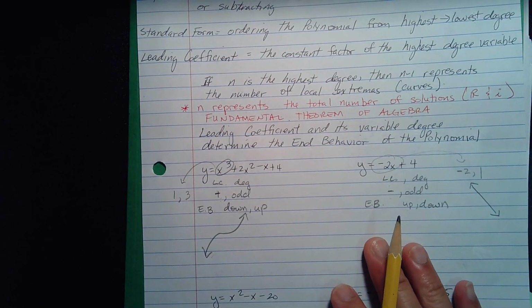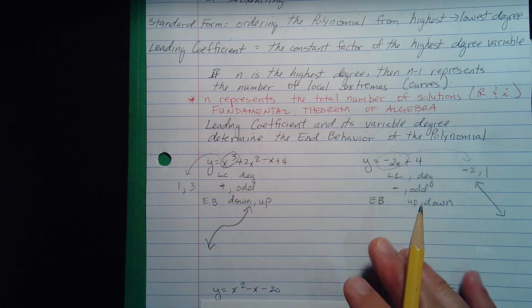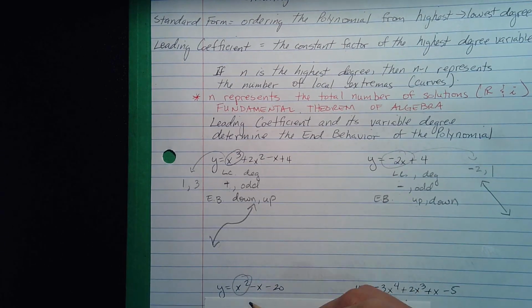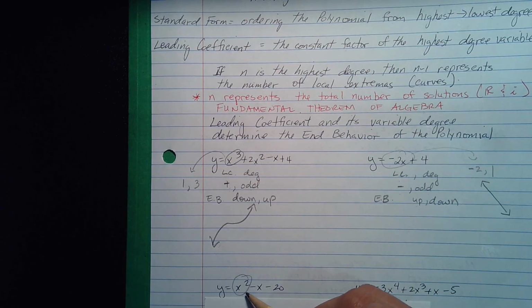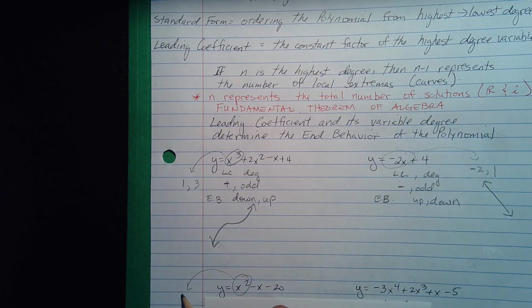Okay, so let's take a look at this here. y equals x squared minus 1 minus 20. We're keying in on this term because it is the leading term with the highest degree. We know that the coefficient is 1 and the highest degree is 2.